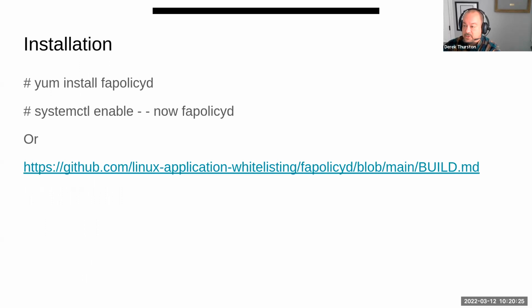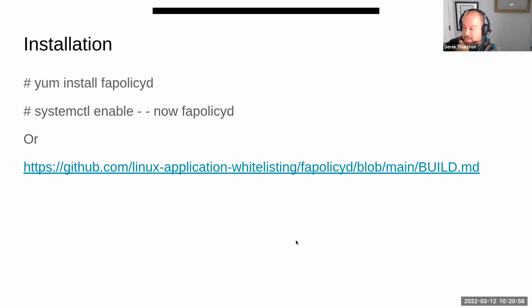So installation is very straightforward on a Fedora-based system. It's a yum install or dnf install fapolicyd, and then you do a systemctl enable --now, and that'll enable it and start it at the same time. Or maybe if you're in John's boat on Gentoo, you might have to download the build instructions and actually compile to get what you need.